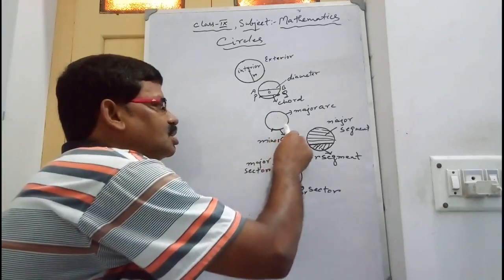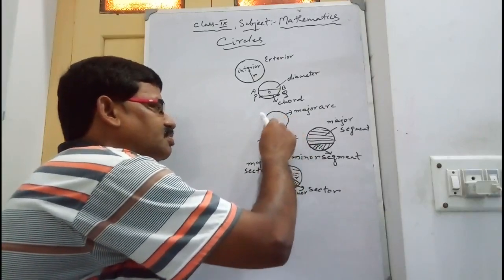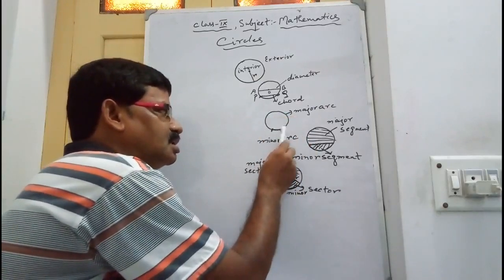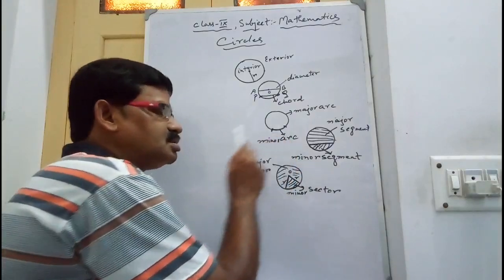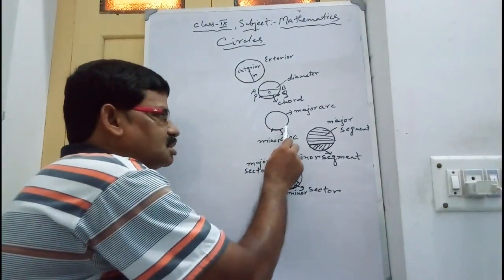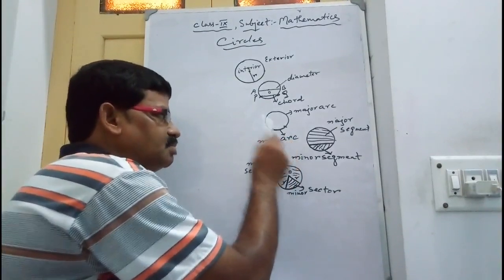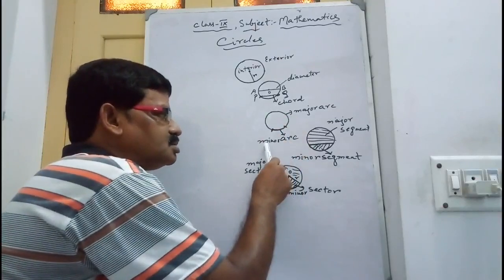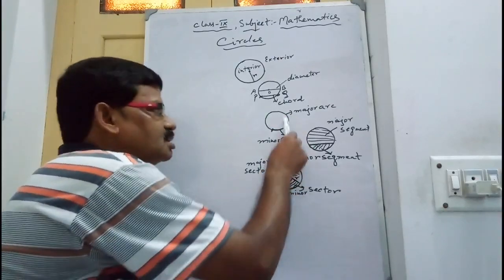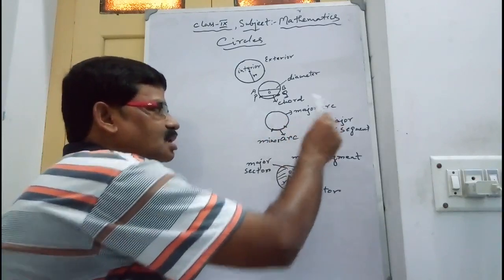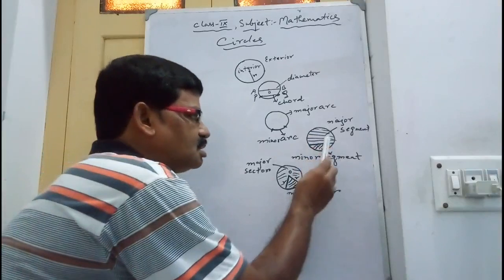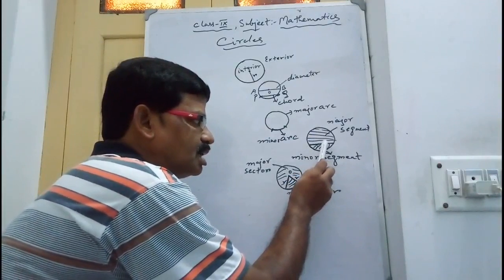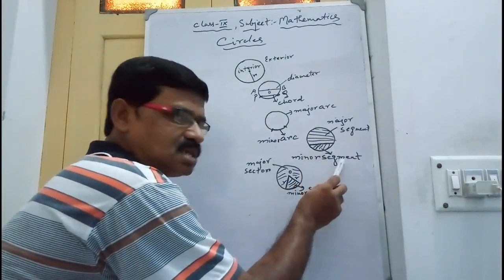Now, if you want to divide the circumference of the circle, then take any 2 points on the circumference. The portion made by these 2 points, if this one is smaller than the remaining part, then it is known as minor arc. The remaining one is known as major arc. Next one, segment. The area made by chord and arc, that is segment.